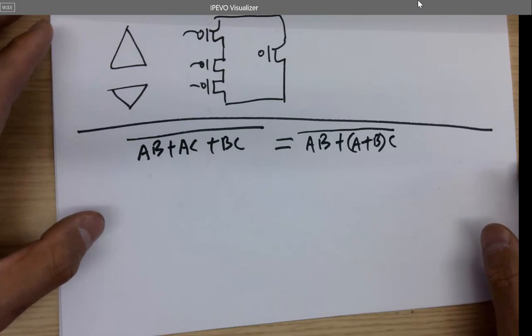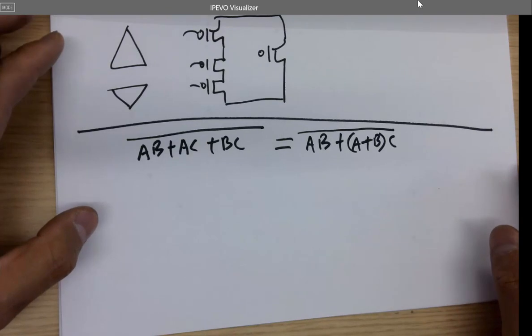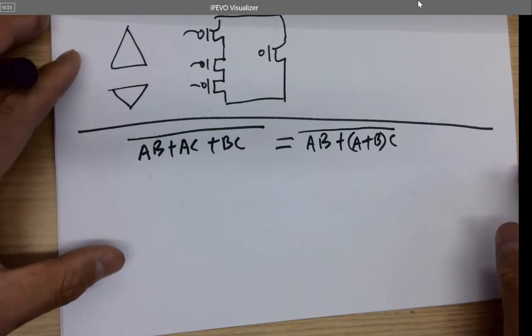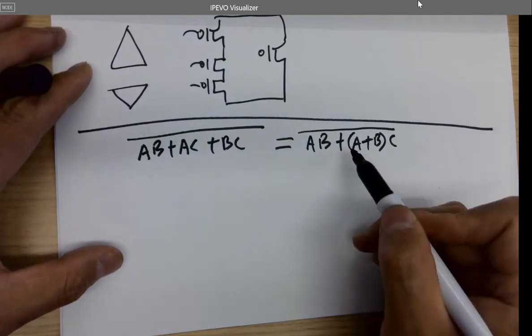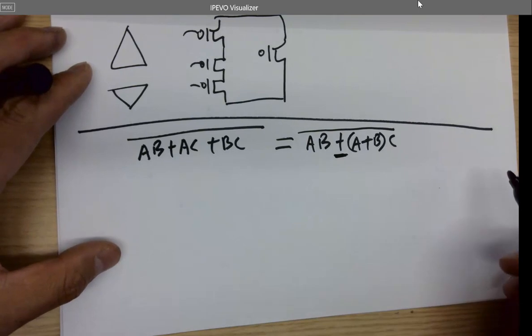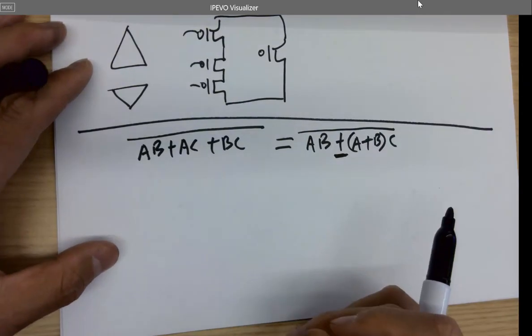Think about the NAND gate shape, right? But eventually it's OR logic, so they have to be on the top and bottom.